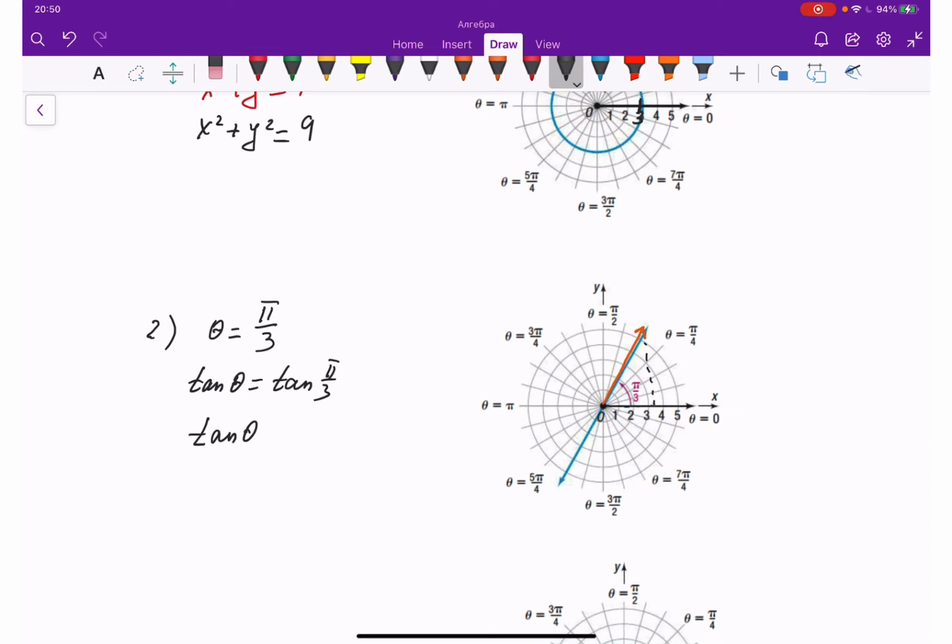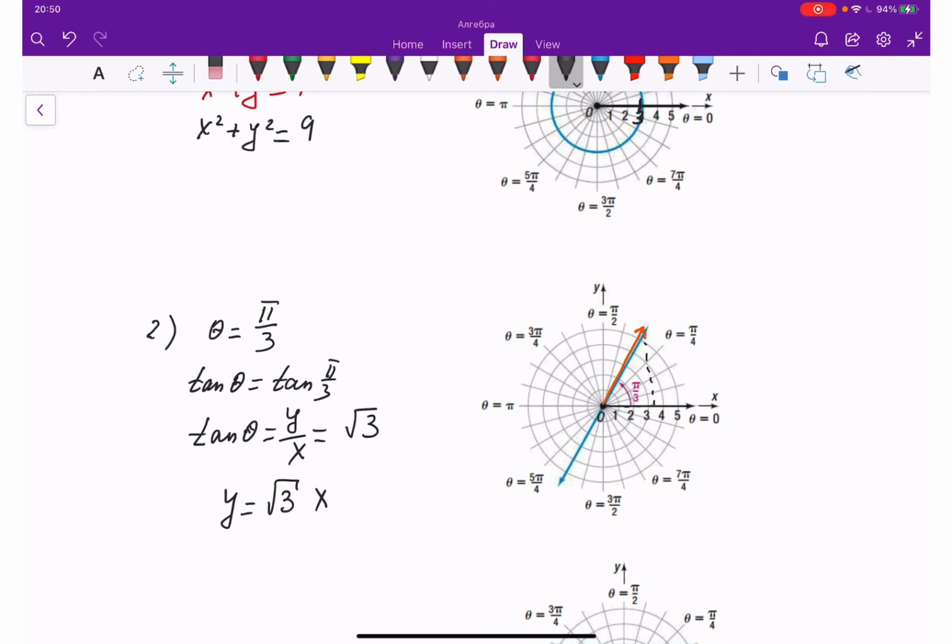So tangent theta is going to be y over x, and that is equal to tangent π/3, which is square root of 3. Tangent 60 degrees is square root of 3. From here, we need to find y. y equals square root of 3 times x.